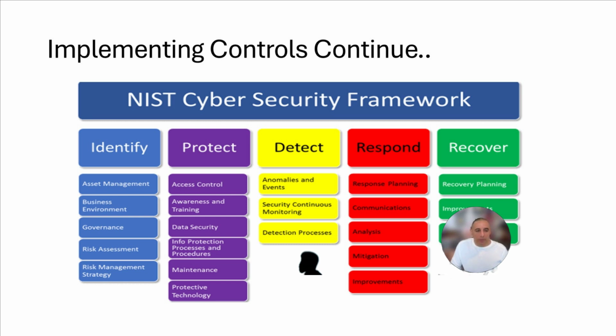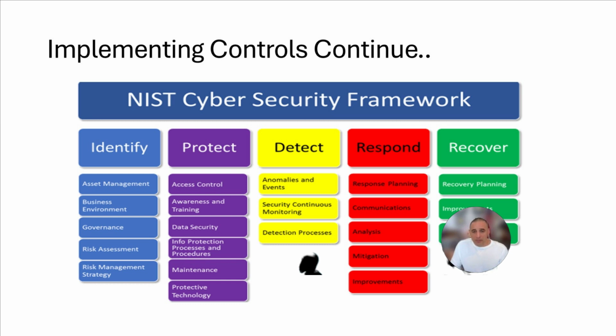Create a detailed implementation plan outlining the steps for implementing each control. Clearly define actions, timelines, responsibilities, and resources required for successful control implementation. Configure security controls in accordance with the organization's policies, procedures, and risk management strategies.